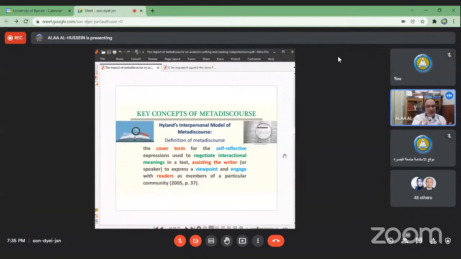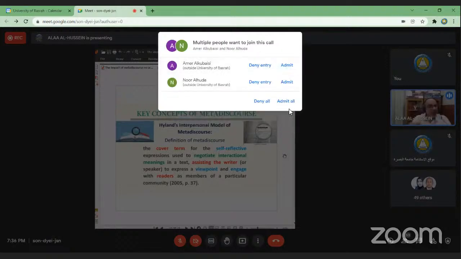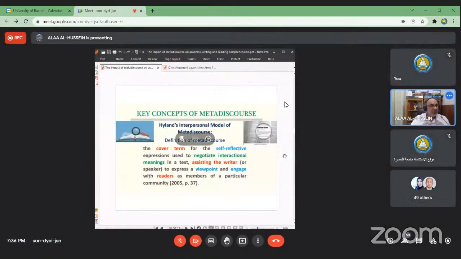In this definition, as we are going to read it, he defines meta discourse as the cover term, the umbrella term for the self-reflective expressions, all those expressions used in the text that refer to the intrusion of the writer, intrusion of the speaker, that refer to the writer or the speaker, him or herself, themselves.